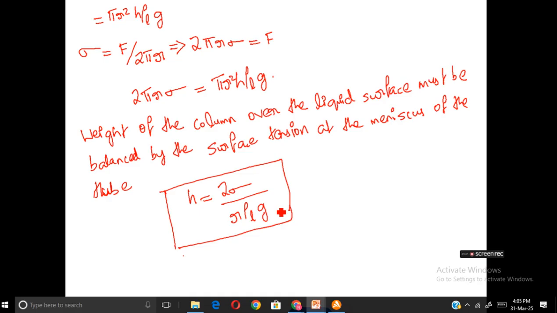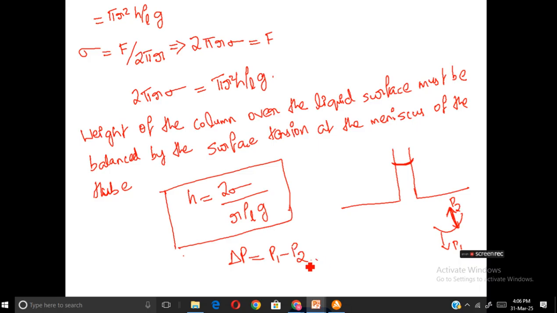Now the force balance at the surface of the membrane. There is a pressure difference, delta P, given by P1 minus P2.